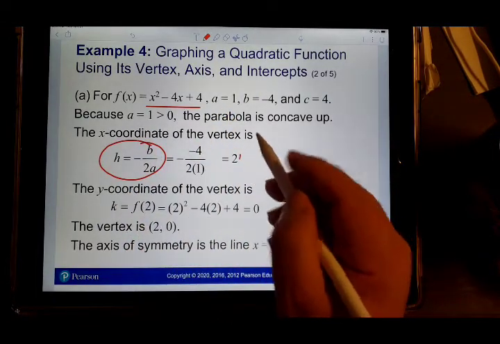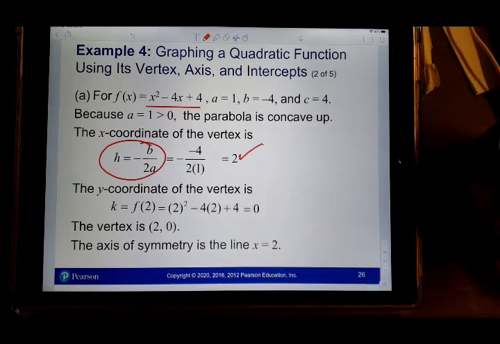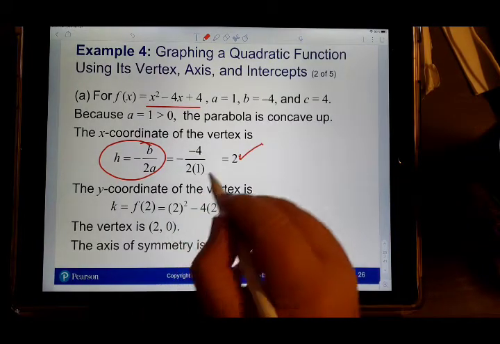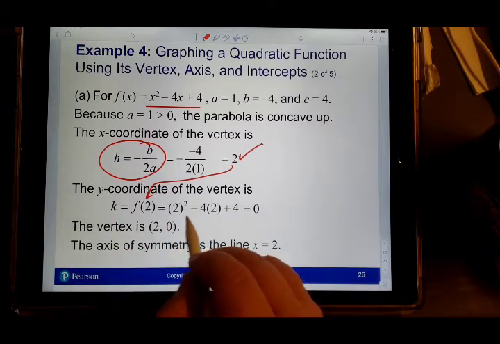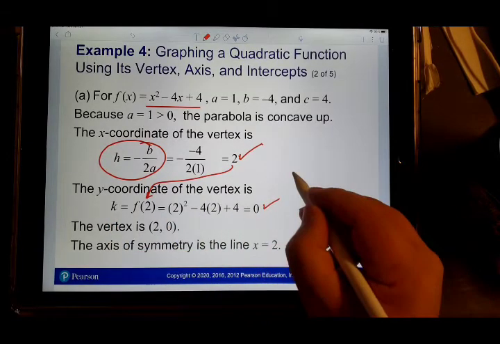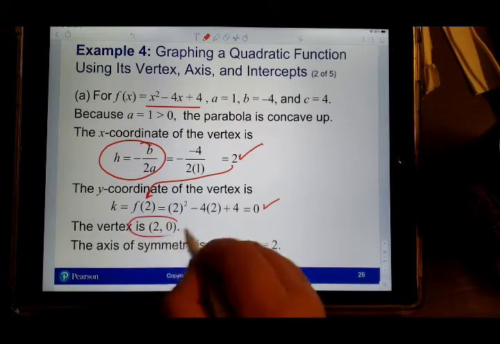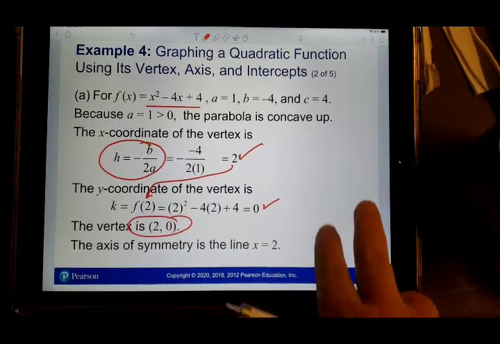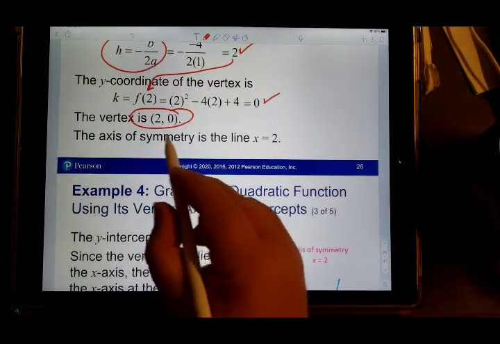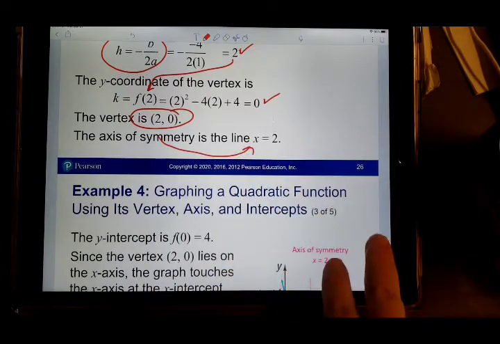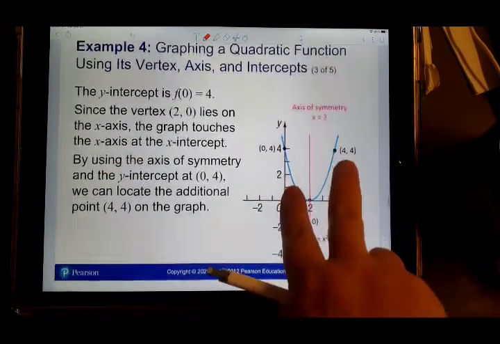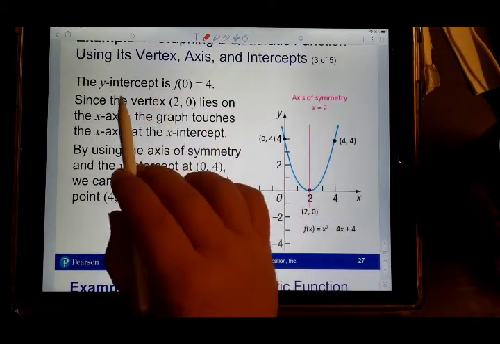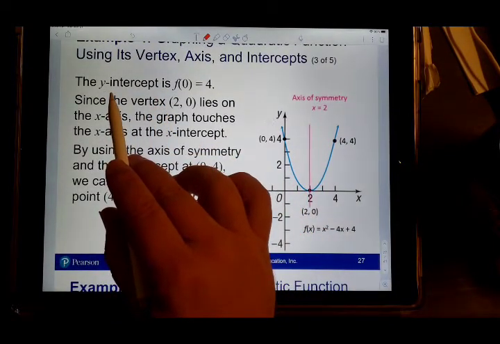The formula tells you h is 2. You take that 2 and plug it in, and it tells you f of h is equal to 0, and so we know our vertex is (2, 0), and the axis of symmetry from there. We'd need to do this regardless of what method we're using.